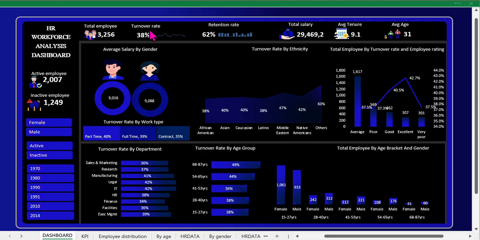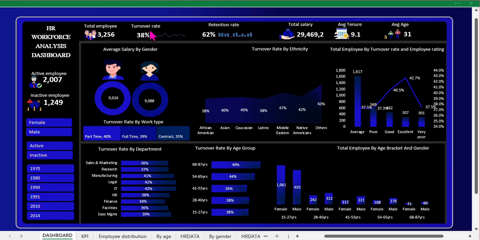Now, let's look at why it's important to analyze this. Now, this indicates employee satisfaction and engagement levels. High turnover means higher recruitment and training costs, because when there is high turnover in an organization, it simply means that the organization has to keep on recruiting personnel. They have to keep on spending resources on training.